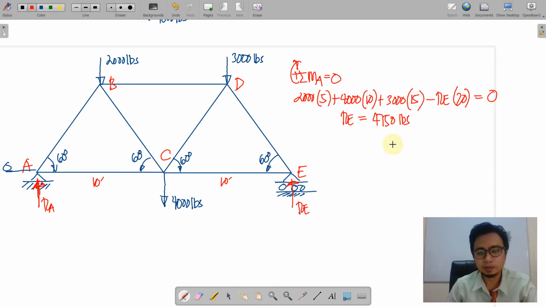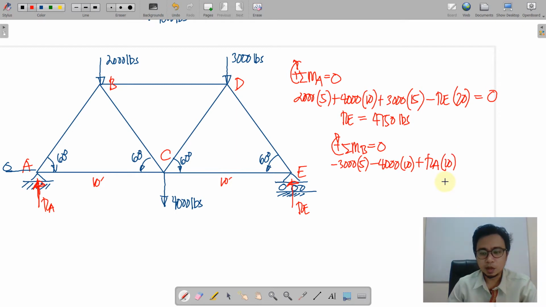4,750 pounds. So for the other reaction, we take moments at E and equate it to 0. So we have a counterclockwise 3,000 times 5 minus 4,000 times 10 plus a clockwise RA times 10 less counterclockwise 2000 times 15 is equal to 0.